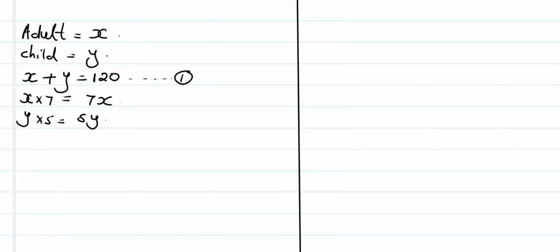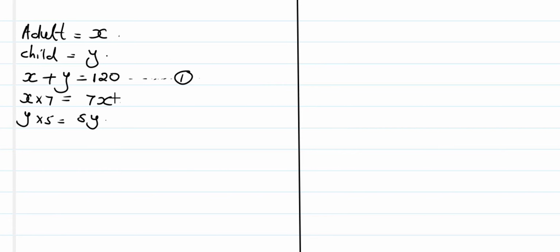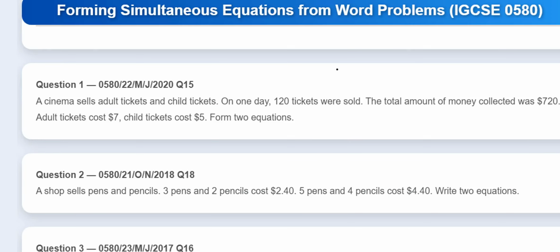But then you are told the total amount of money collected was $720. So it means the total amount collected for adult tickets, which was 7X, plus the total amount collected by selling child tickets, which was 5Y, all of it totals $720.